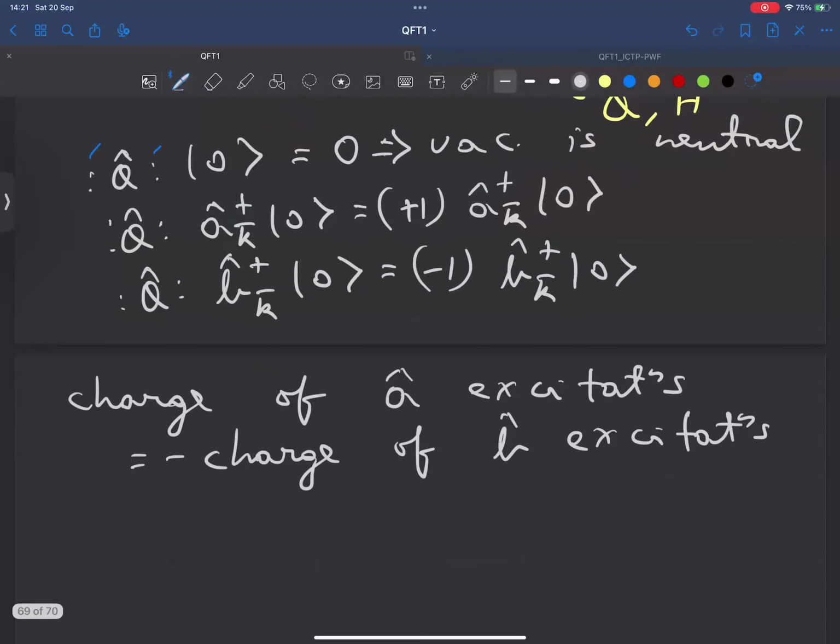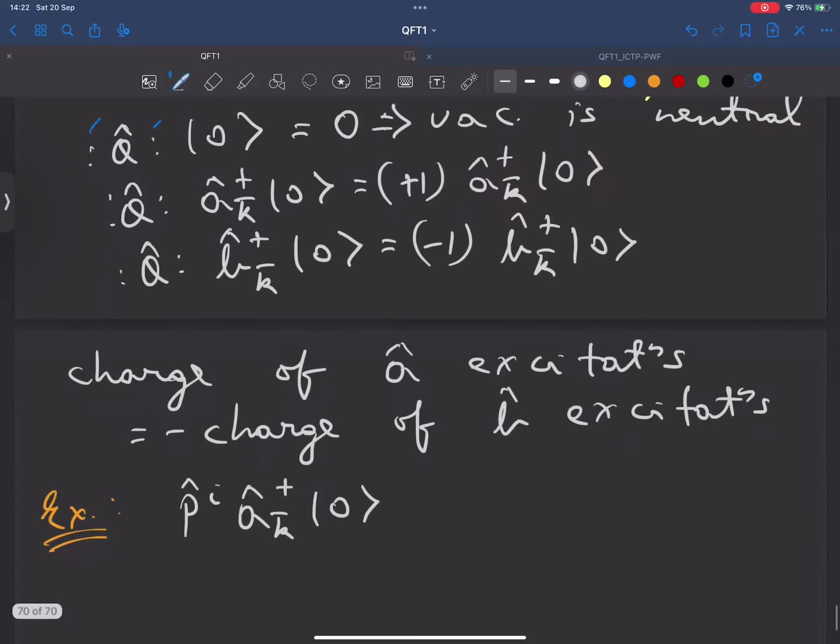So further, you can do another exercise. If you take the momentum operator and you write it in terms of the ladder operators, just like we did for the Hamiltonian. So you know the expression of the momentum operator in terms of the stress tensor.